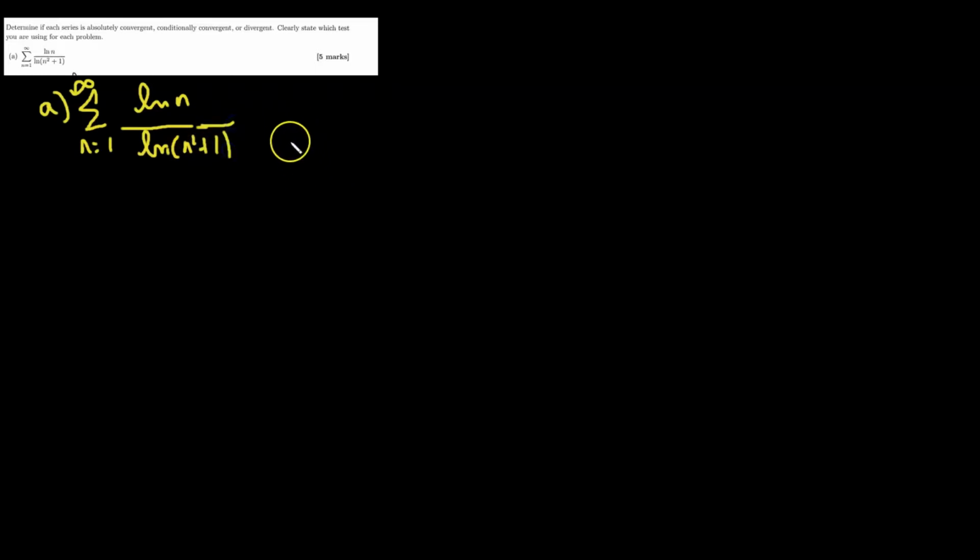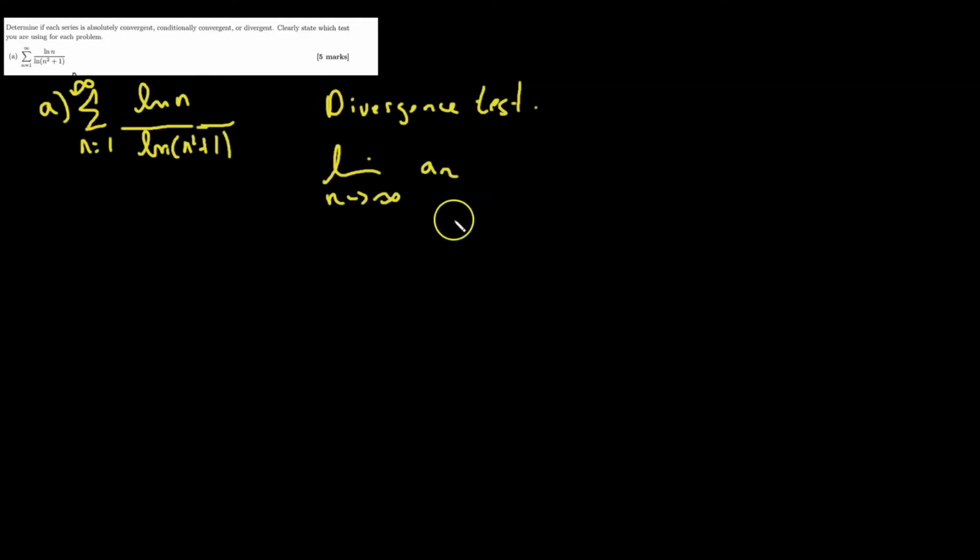This looks very ideal for the divergence test because it's simply just taking the limit as n approaches infinity of a of n, which is our series, and if the answer is anything but 0, then we have divergence.